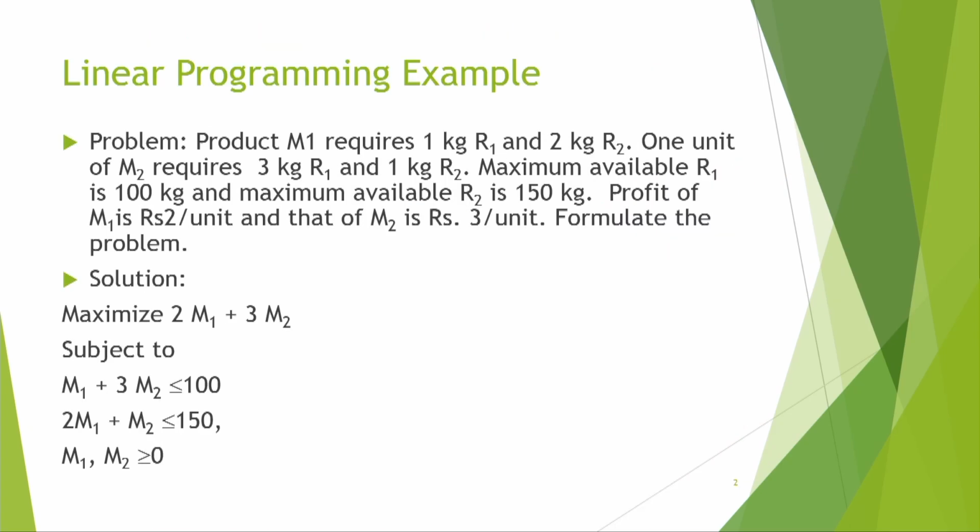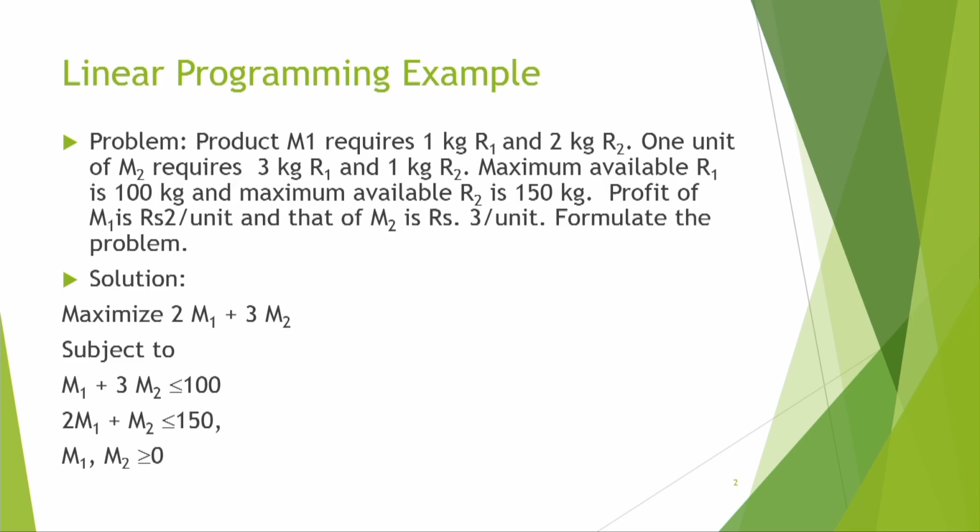To start with, let us take one example. The problem is that product M1 requires 1 kg R1, R1 is some resource, and 2 kg of R2. 1 unit of M2 requires 3 kg R1 and 1 kg R2.